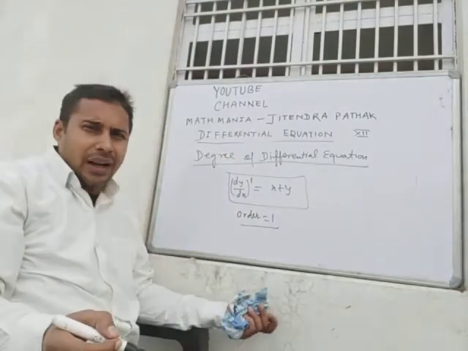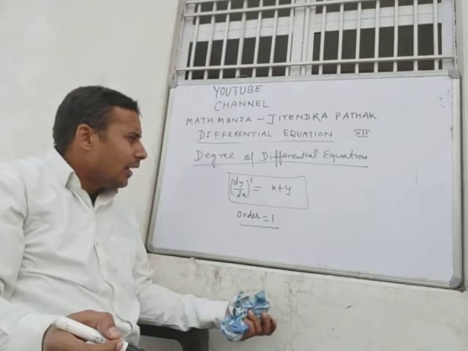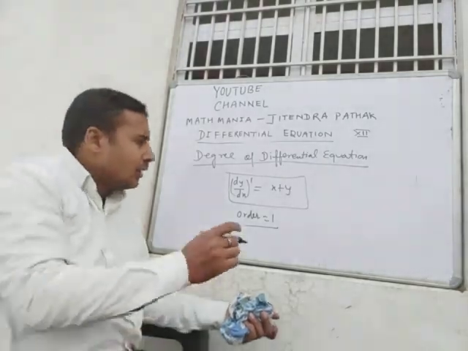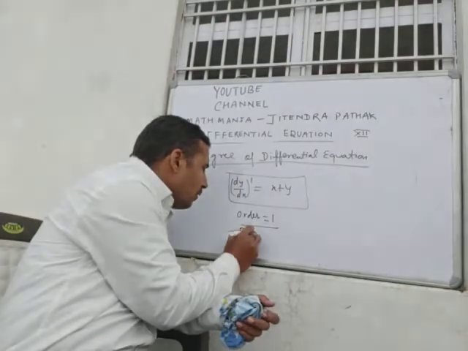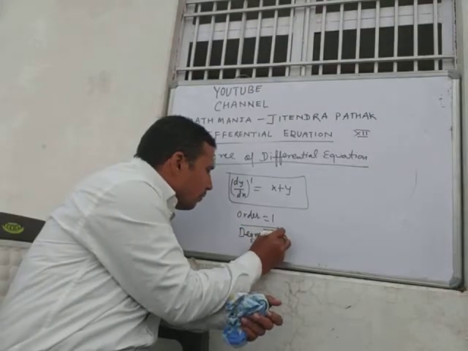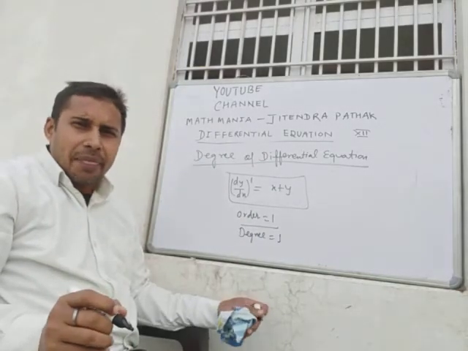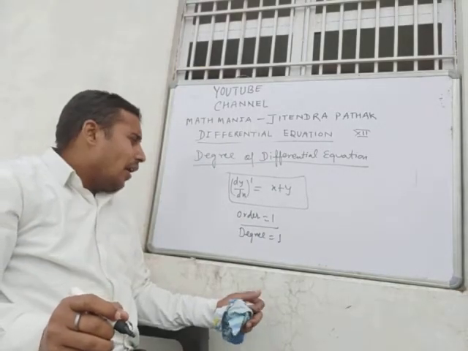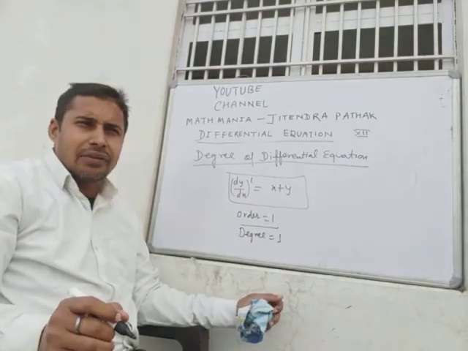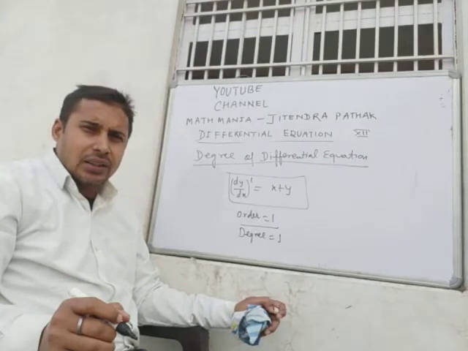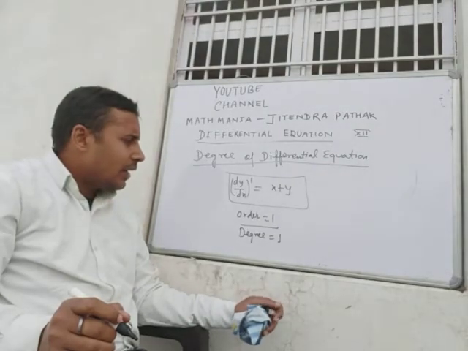There is no higher degree. It means degree is 1. It means we can see the power of the highest differential coefficient is known as degree of the differential equation.